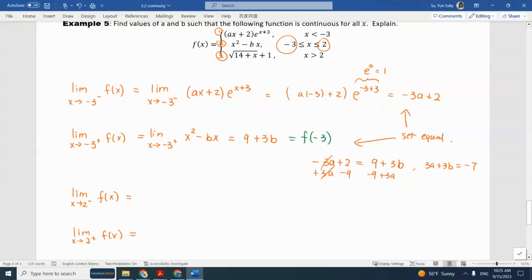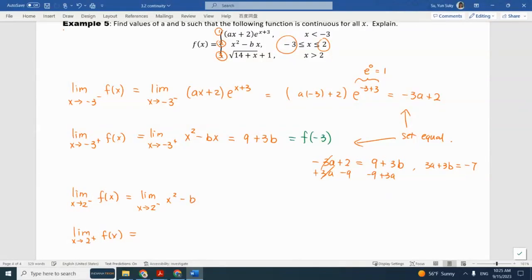All right, Danny. Okay. When x goes to 2 from the left, which formula do you use? Yes. The second one.